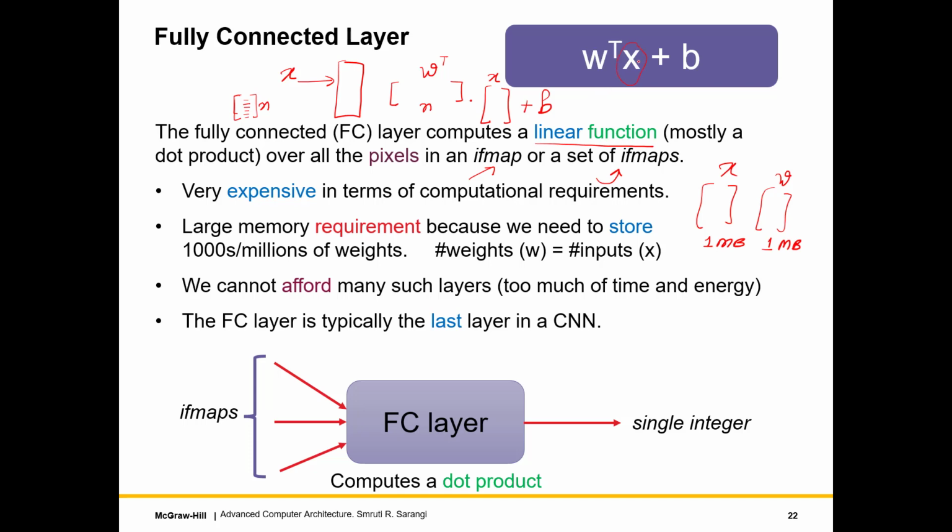As it is, X, the input to the FC layer, was large enough, so we were not happy with that. But now our array of weights is going to be as large as X, such that we can compute an element by element pairwise product and add them. So the storage requirements are straight up doubling, and for us this is a substantial overhead, which is not something that we want.